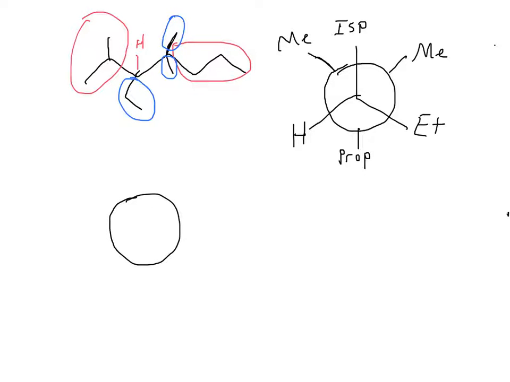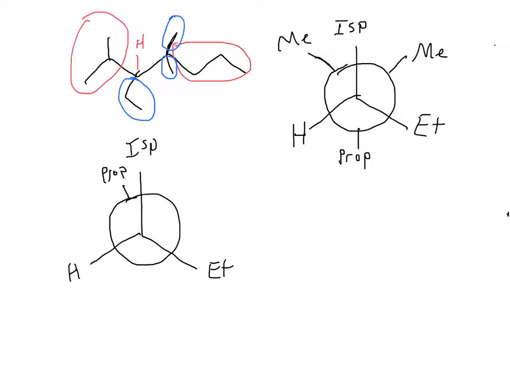So I prefer to rotate our back molecule. So I'm going to keep the front one the same. This isopropyl group here, ethyl group here, this hydrogen here. So what we're going to do is rotate this 180 degrees, essentially, so that our propyl group is here.